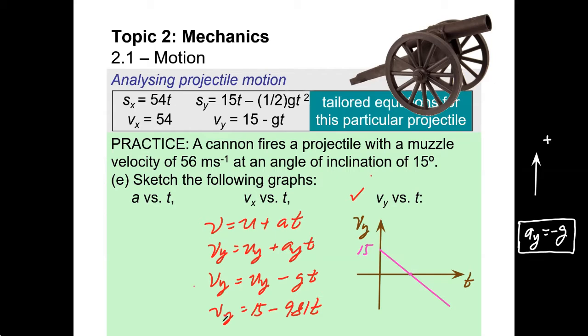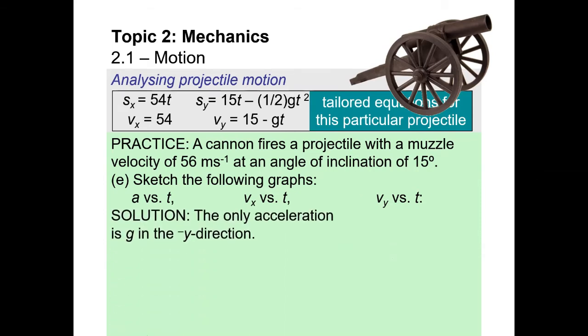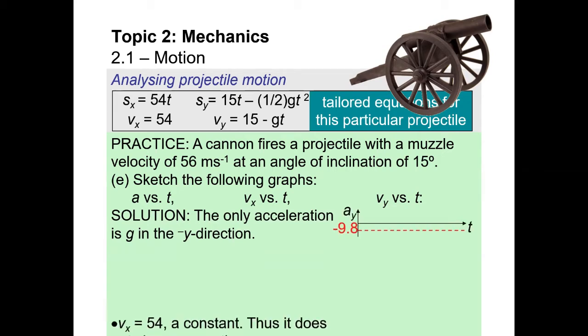When at maximum height, velocity in y component equals 0, that's 15 minus 9.81t, and the t gives us 1.53 seconds, and this point is 1.53. So let's summarize. The only acceleration is g in the y direction, so that's minus 9.8.